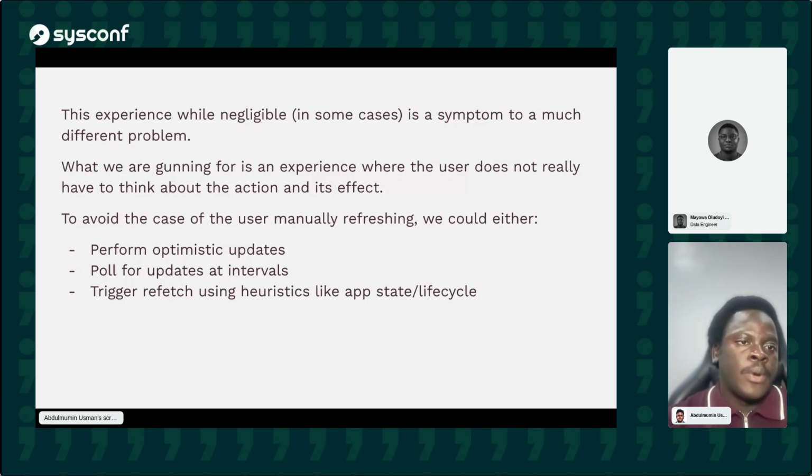And there were other things that we used to try. You could do some optimistic updates on the UI itself, right? But optimistic updates only make sense when you know that the request has gone and you got a success response or something.